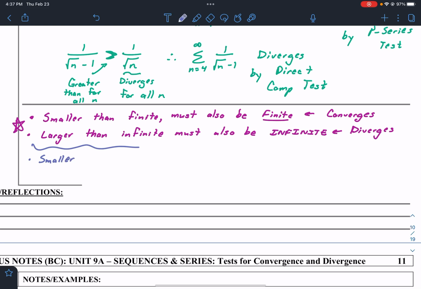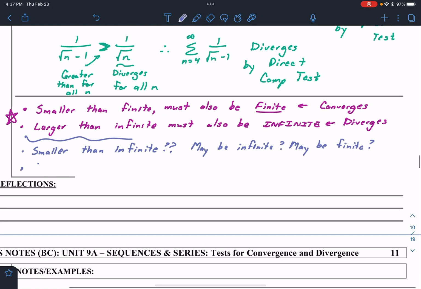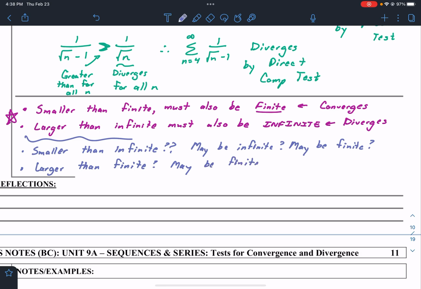Smaller than infinite maybe infinite, maybe finite. Larger than finite, maybe finite, maybe infinite.